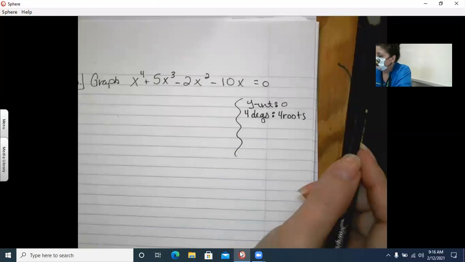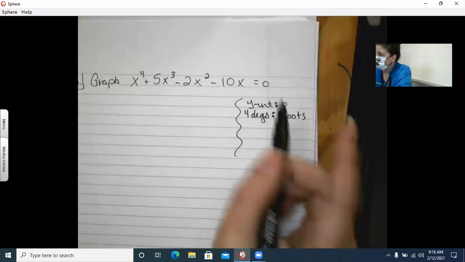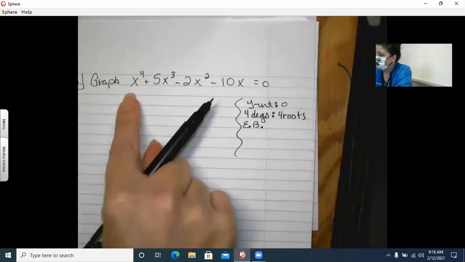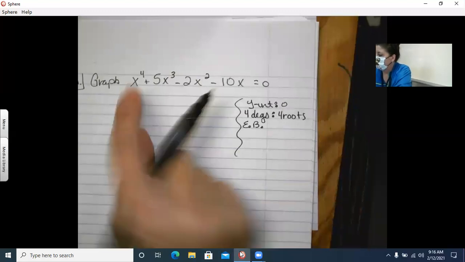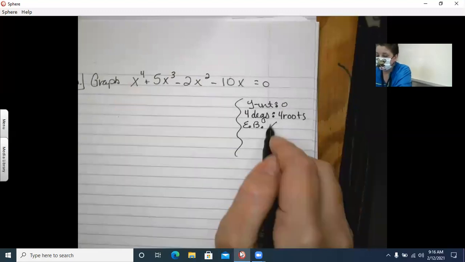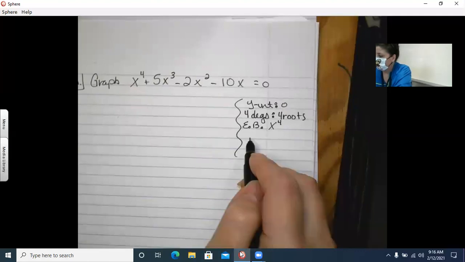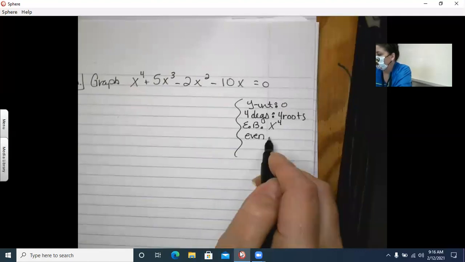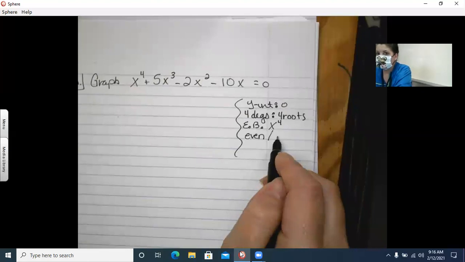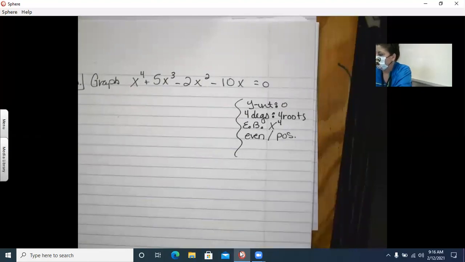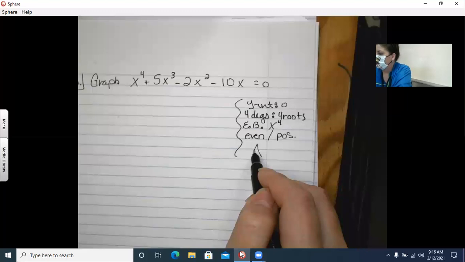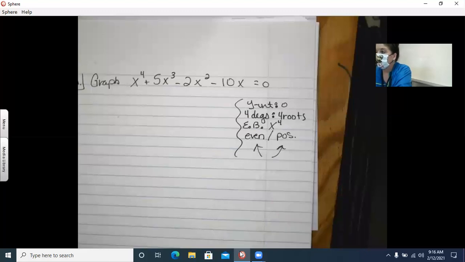In behavior, my problem's in standard form. The first term is x to the 4th. Is my exponent odd or even? Even. Is my coefficient positive or negative? Positive. So even positive is what? Up and up. So again, I know all of those things about my graph without doing any math.